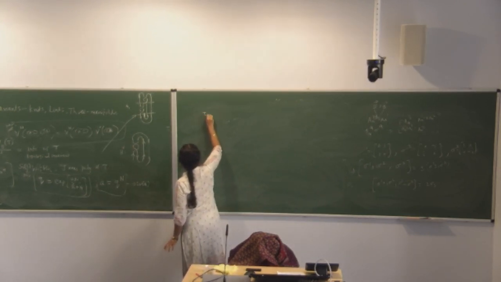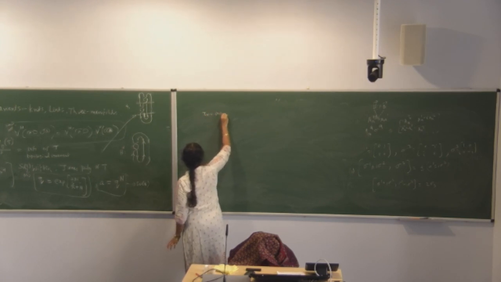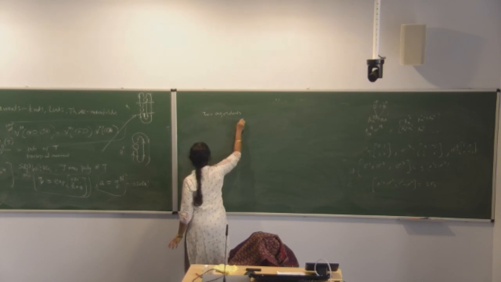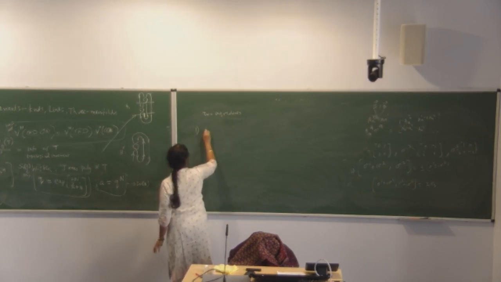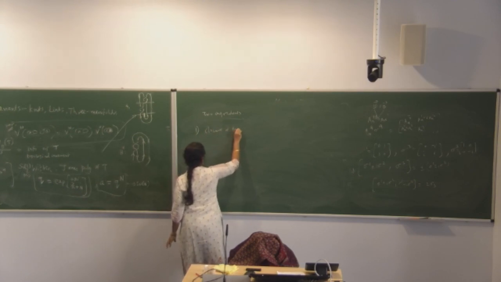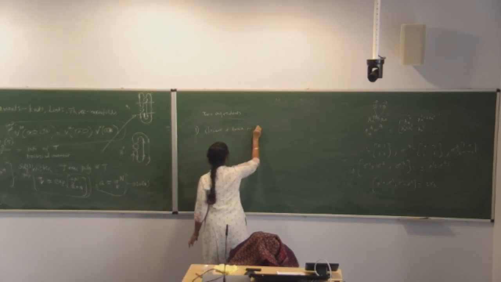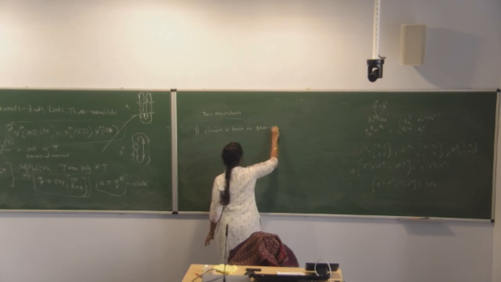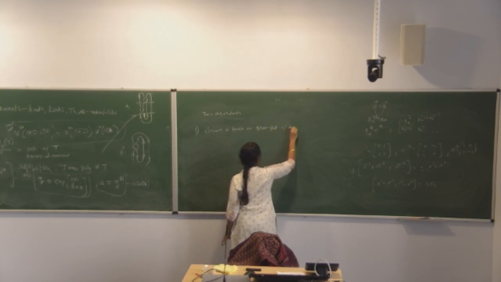So 2 ingredients. One is closure of braid or quasi-plait.